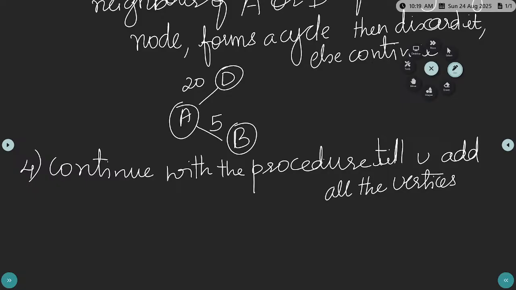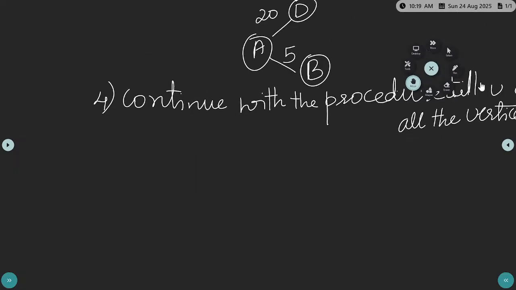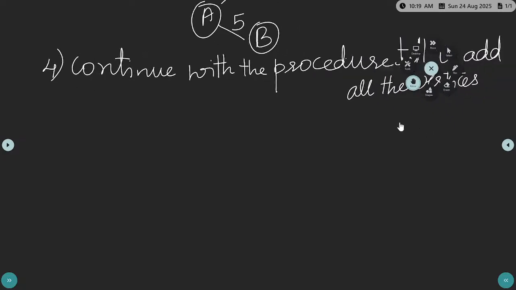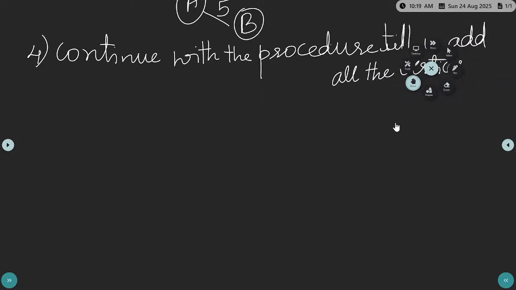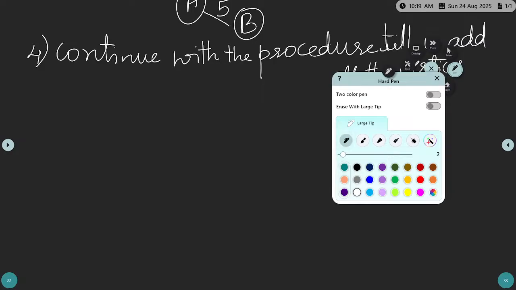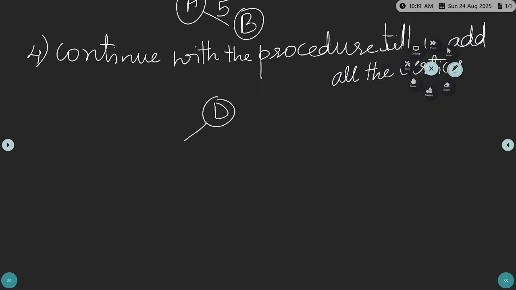Next, what is the next vertex you have to add? I have added D, A and B. So D to A is 20, A to B is 5. Next, what is the vertex?